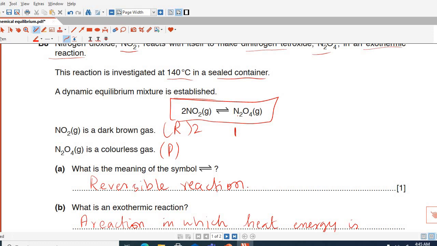So if we increase the pressure, it will move in this direction, meaning the forward direction. But here if we decrease the pressure, it will move towards the backward direction, right, meaning to the reactant side. And the question is asking about the color, so the color will be dark brown, right?